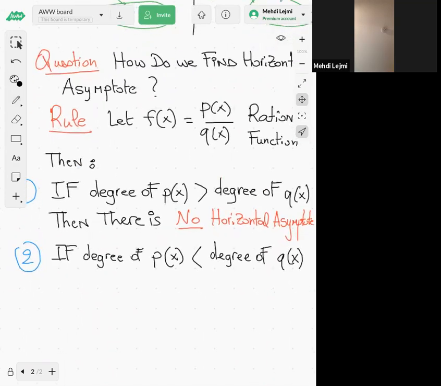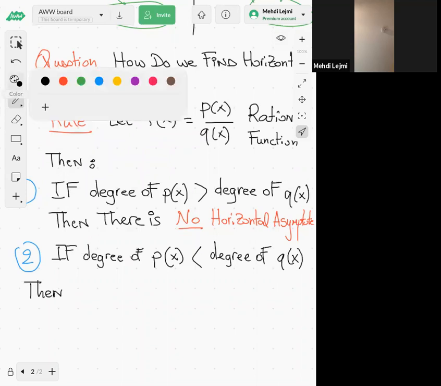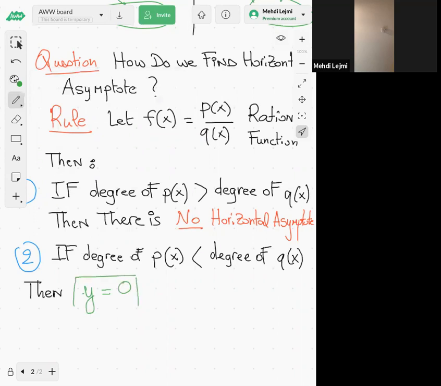The x-axis is going to be a horizontal asymptote. So when I say y equals 0, that's the x-axis. Then y equal to 0 is the horizontal asymptote.